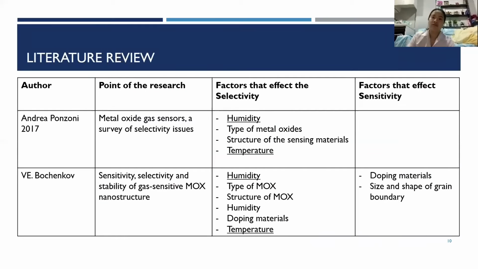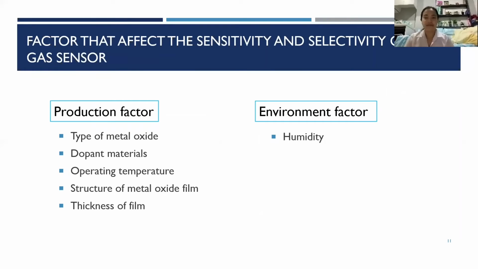For the literature review, I reviewed the factors that can affect the selectivity and the sensitivity of the sensor. I found that there are two main types of factors. First is the production factor. The second is the environment factor.